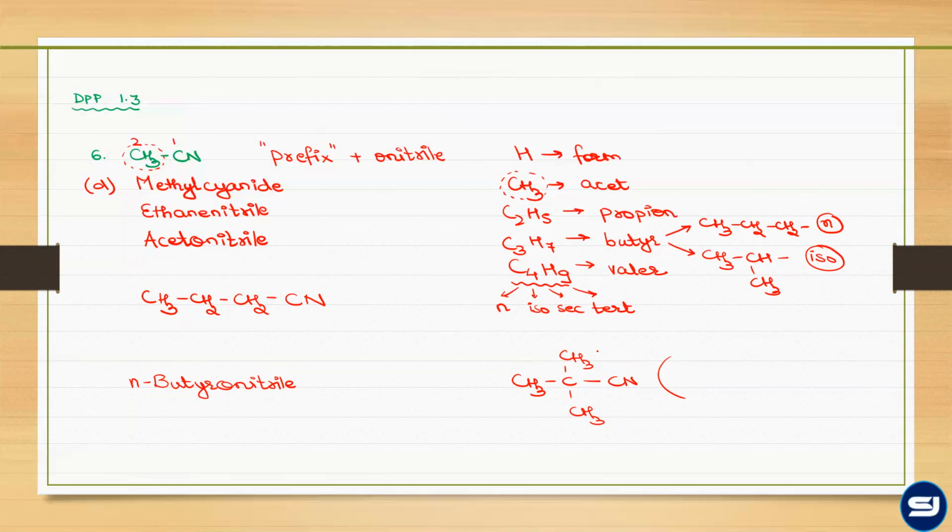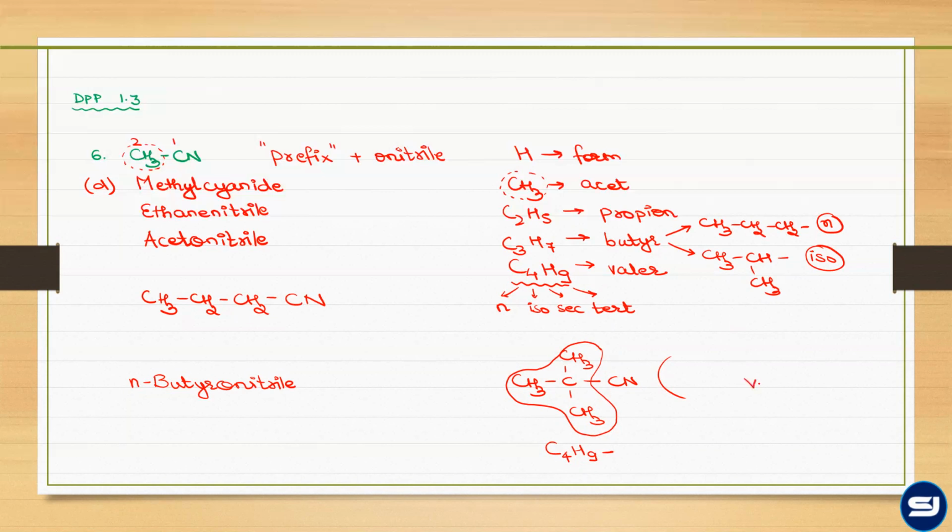Perfect. See, the alkyl group before cyano is of how many carbons? 4. Collectively, can I say this represents a butyl group? And for the butyl group, the prefix we have used is valer.